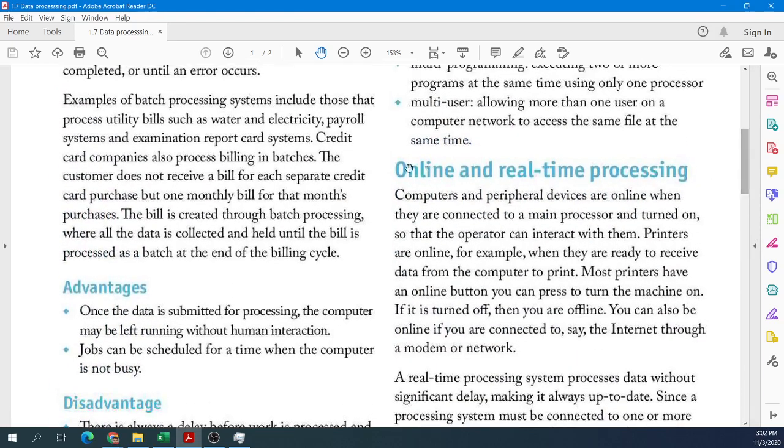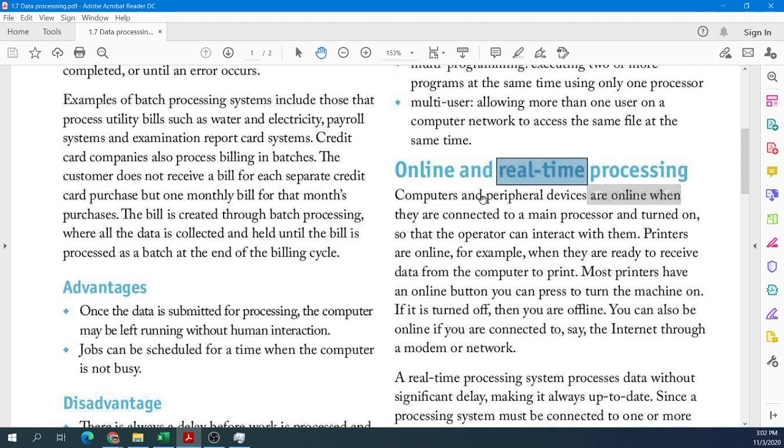And then we looked at online and real-time processing. Online refers to that device being powered on, and it is also connected to the system in order to be used. Real-time refers to the data being processed immediately or right away.